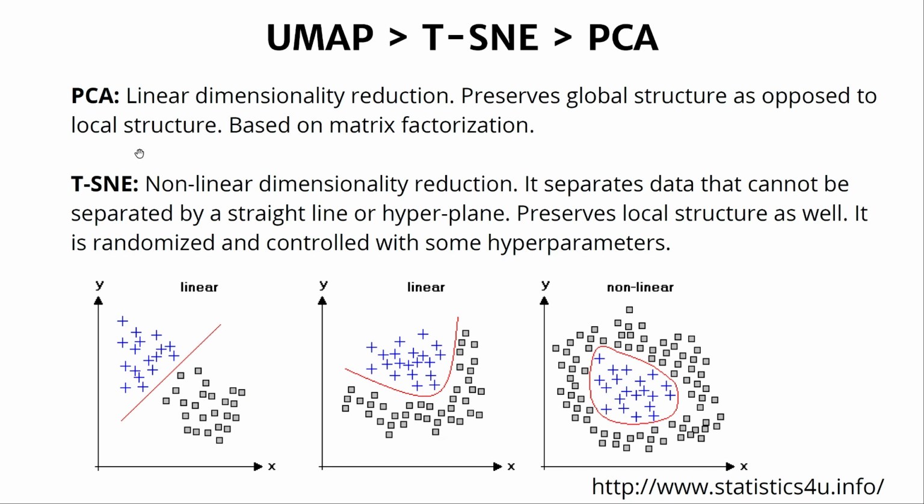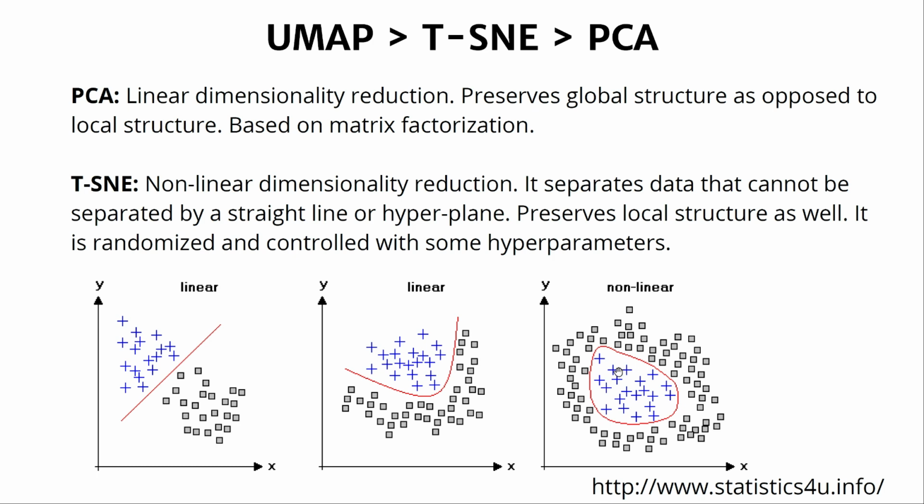So there comes t-SNE, which is a non-linear dimensionality reduction, and it separates data that cannot be separated by, let's say, a hyperplane or single straight line. If the data is non-linear like this, it can convert these points into a 2-dimensional cluster and these points into another 2-dimensional cluster effectively.